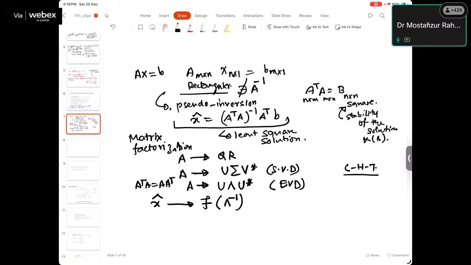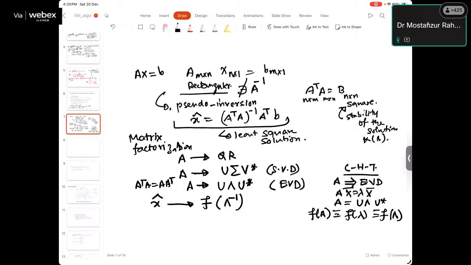This theorem says if I can decompose a matrix A into its eigenvalue decomposition form, like Ax equals lambda x, where x are the eigenvectors and lambda is the eigenvalue, or you can write A equals U lambda U star, then function of A is the function of lambda, the diagonal matrix storing the eigenvalues.